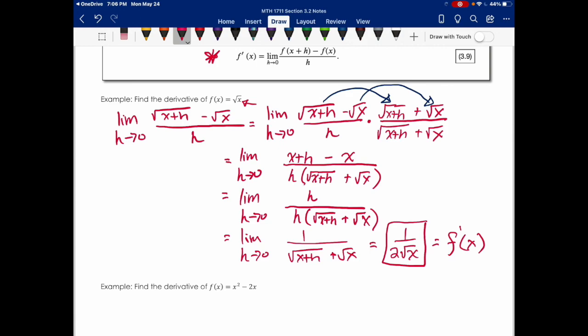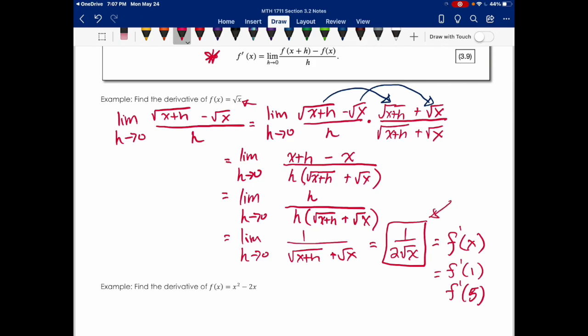So now I can use this to find out information about the graph. If I wanted to find the slope of the tangent line at, let's say, 1, all I have to do is plug 1 in here and calculate it. If I wanted to find the derivative at x equals 5, then I just have to plug it into this function and figure it out.